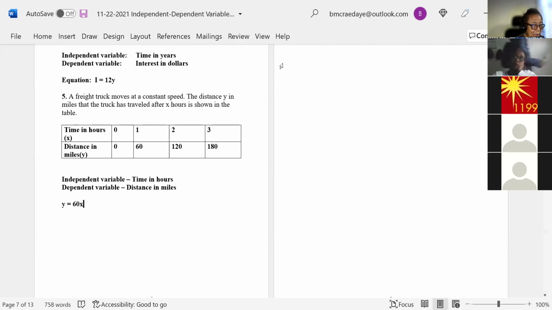When x is 0, 60 times 0 is 0. When x is 1, 60 times 1 is 60. When the time in hours x is 2, 60 times 2 is 120. When the time in hours is 3, 3 times 60 is 180. So every hour it goes 60 miles.